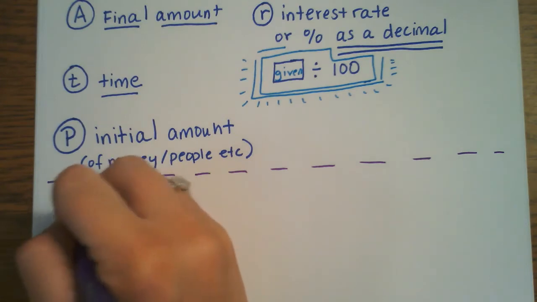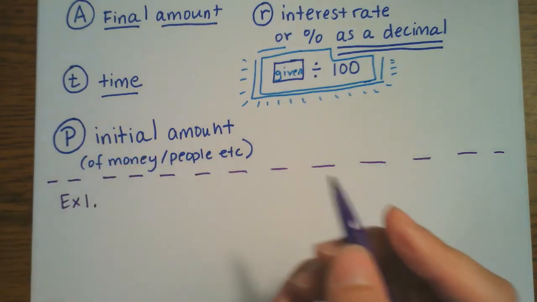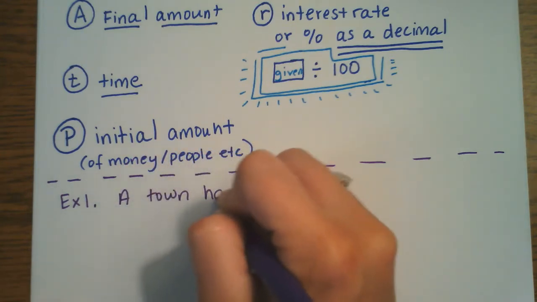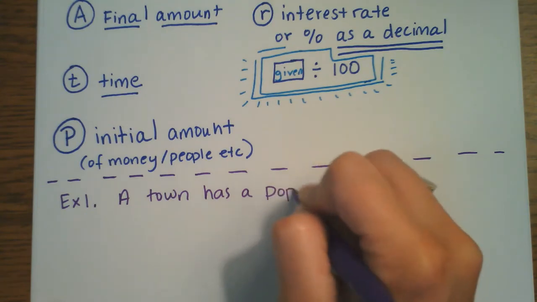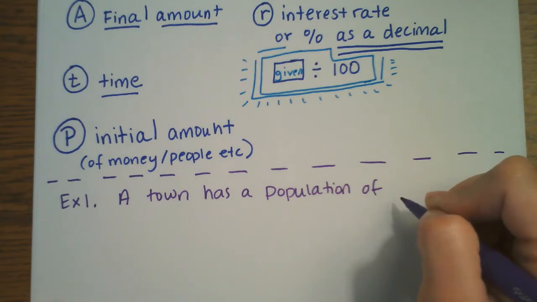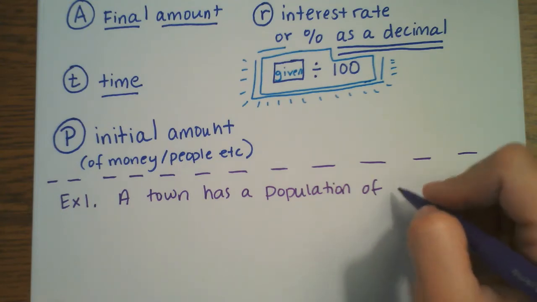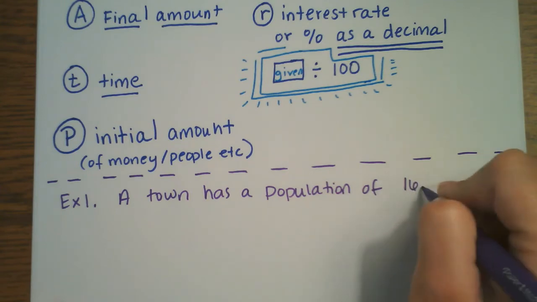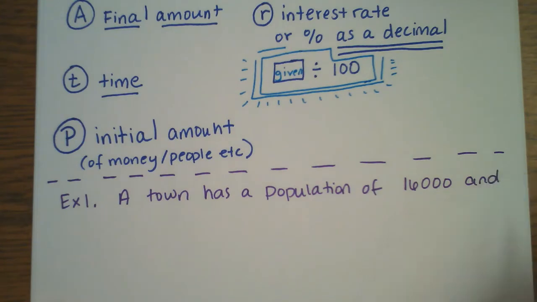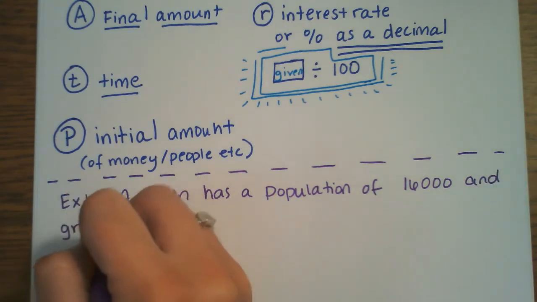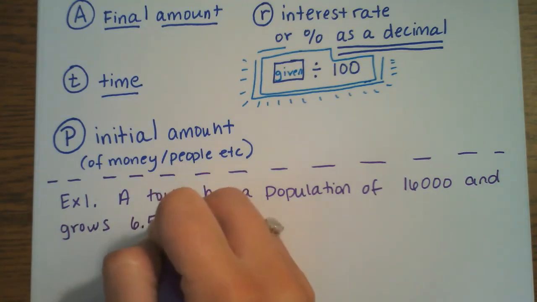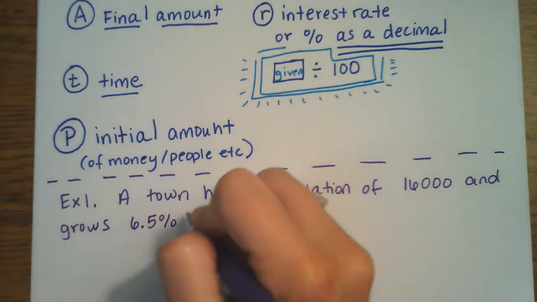Example 1. A town has a population of 16,000 and grows 6.5% every year.